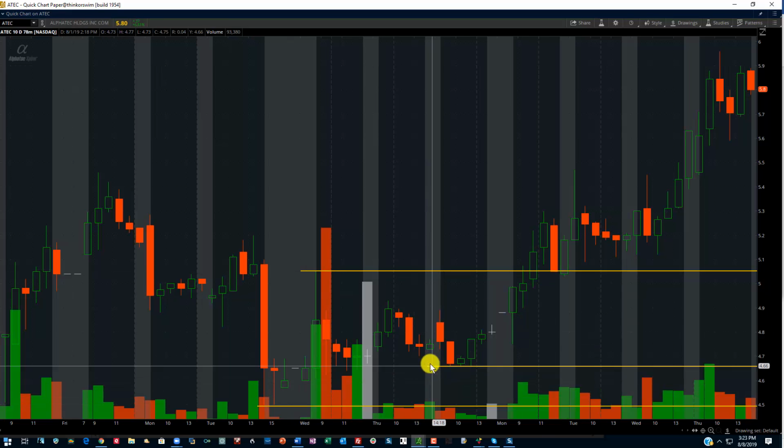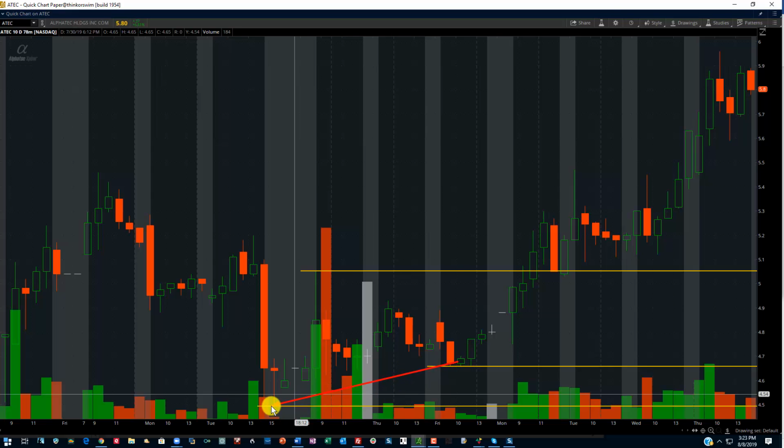Okay, here's a low. Went up here, touched this area, came down and formed a higher low when compared to this low right here. And then it broke past this high right here, and you can see the volumes coming into it. That's a potential place to get into it.